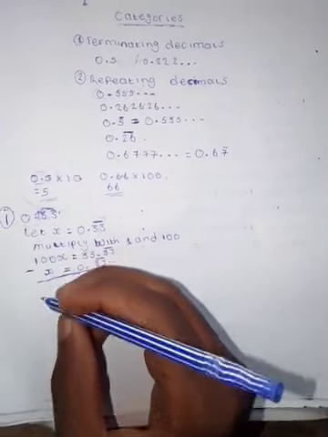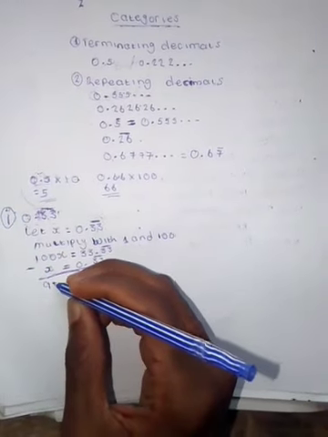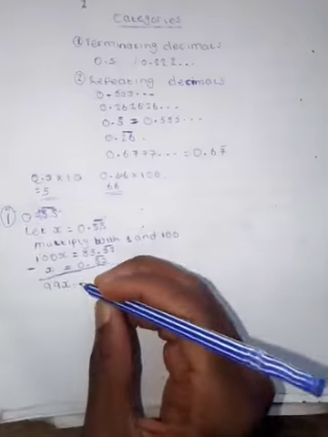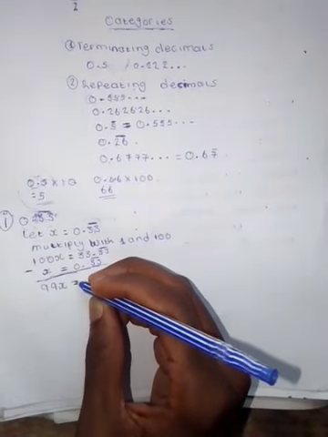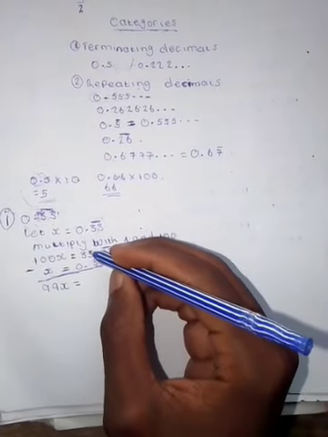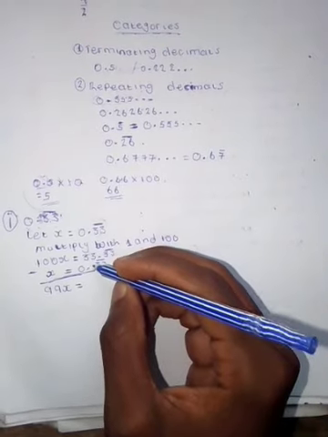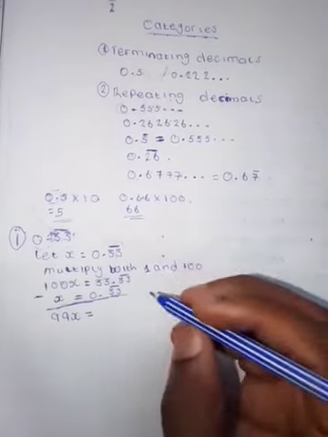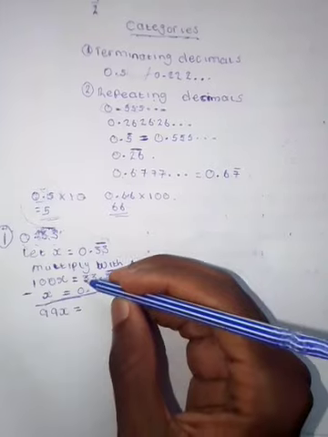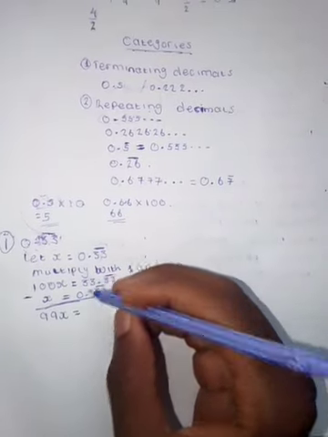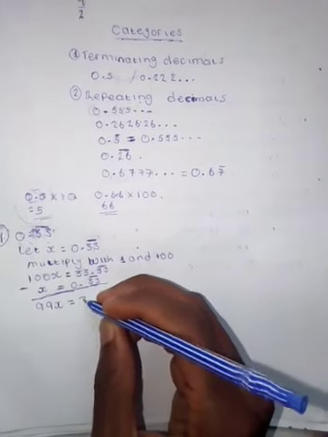This is going to give us 99x, which is equal to, if we subtract this from this, we're still going to remain with 33, right?